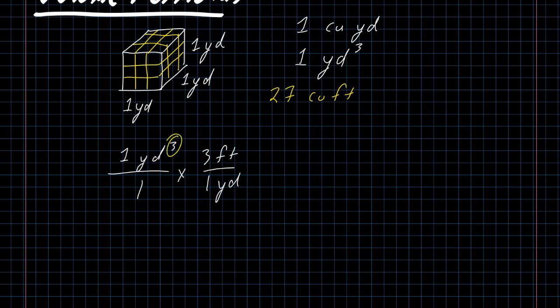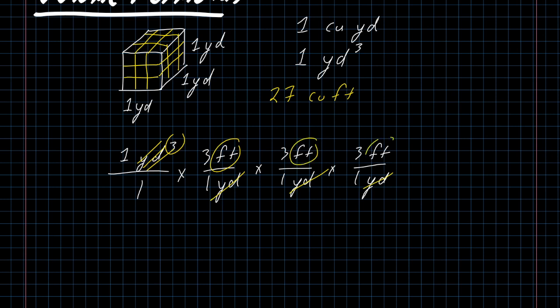But because this is yards cubed, that means there are 3 factors of yards, which means I have to do this not once, not twice, but 3 separate times, so that the 3 factors of yards cancel out the 3 factors in cubic yards.